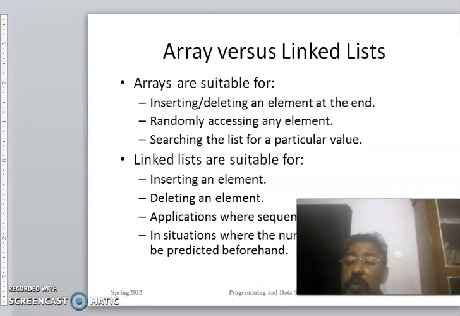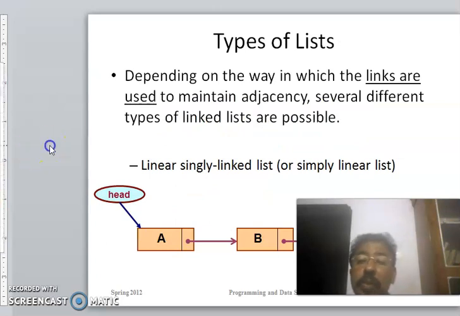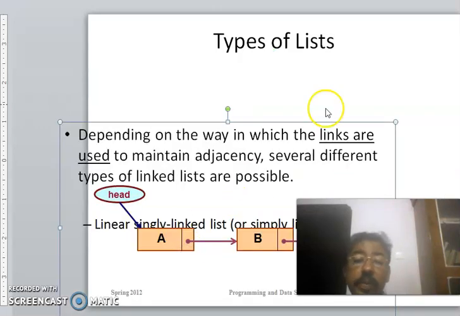Then next we wish to go through the types of lists. Depending on the way in which the links are used to maintain adjacency, several different types of linked list are possible. One by one we wish to discuss. The first one is the linear singly linked list, simply called a linear list.